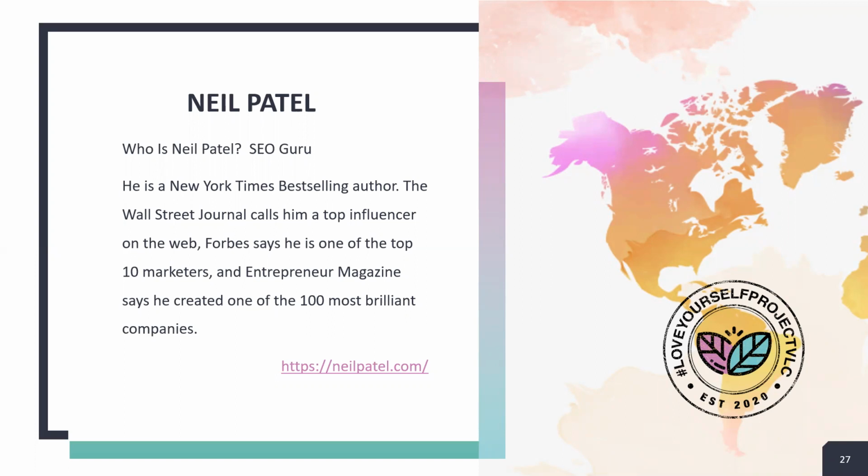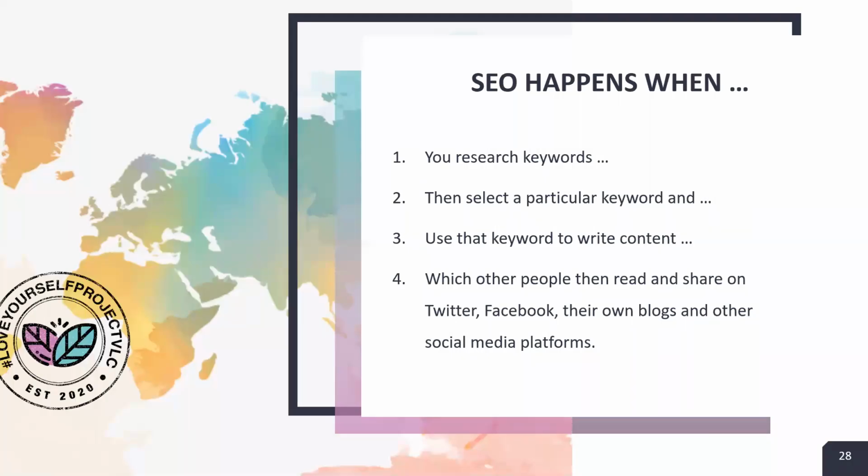So according to him, in a nutshell, SEO is a method of optimizing the effectiveness of your content for search engines in order to help it rank higher than content from other sites that target the same search terms.